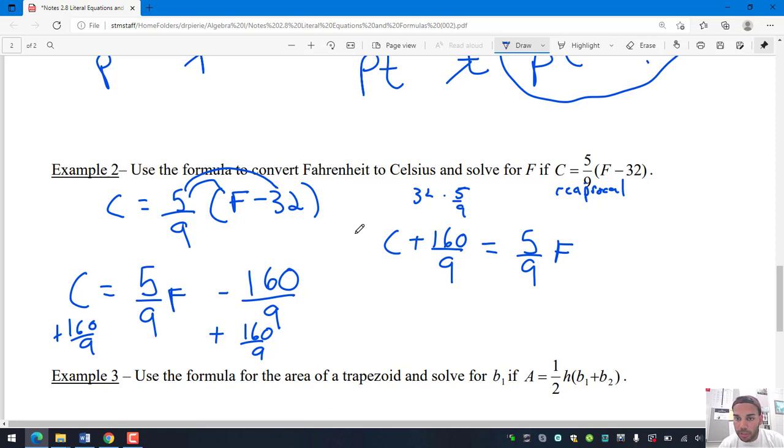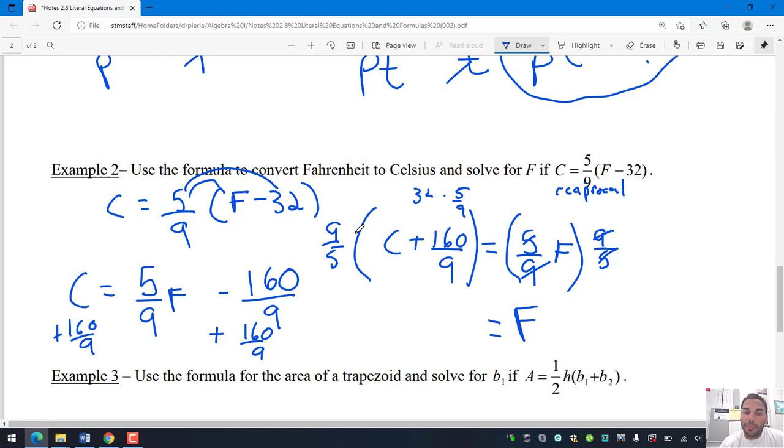So I'm going to multiply my entire right side by 9/5 and my entire left side by 9/5. Super, super important. Make sure you're throwing your entire left side in parentheses. What's going to happen here is basically you're distributing. So how does this clean up? Basically, the 9/5 and the 5/9 cancel, and on your right side, you're just left with F.